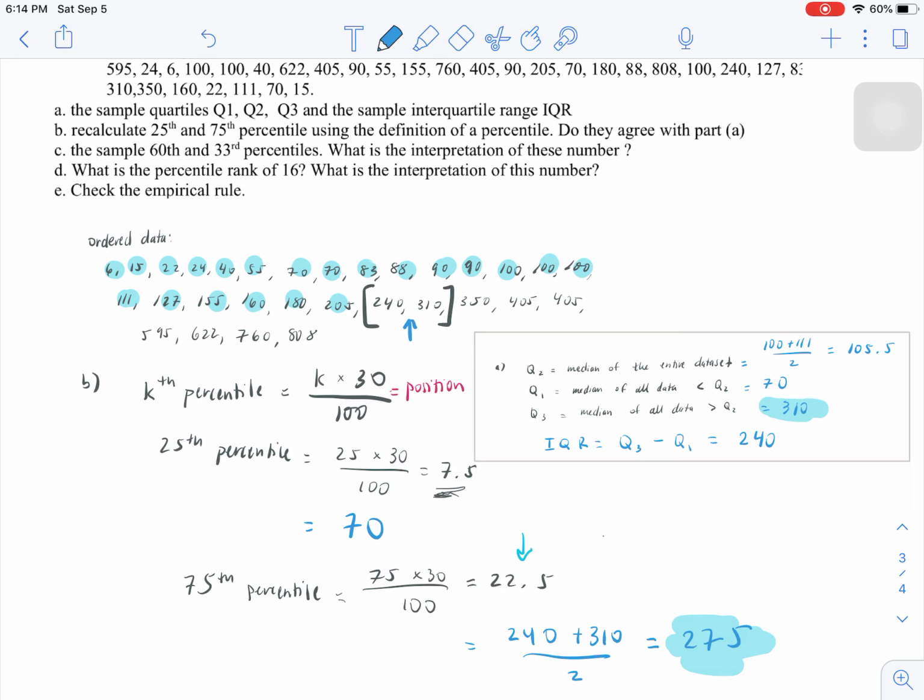Now, if we had not found the average and just rounded up to the 23rd position, that would have given us 310, which was exactly the third quartile that we found. So the key point here, what I want you to take away, is simply that sometimes the percentiles and quartiles may not always be the same. They might not always correspond to each other, and the reason that happens is just because of rounding.